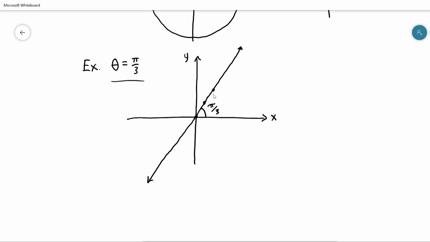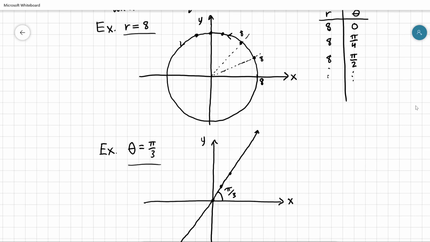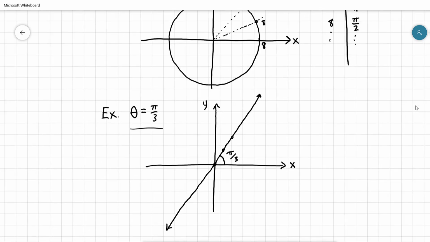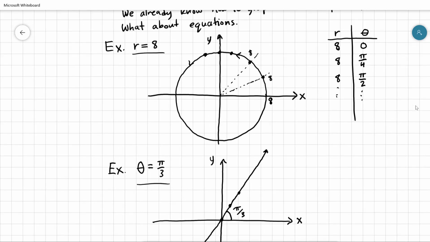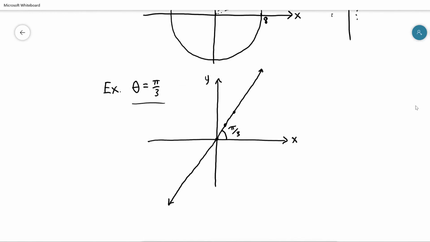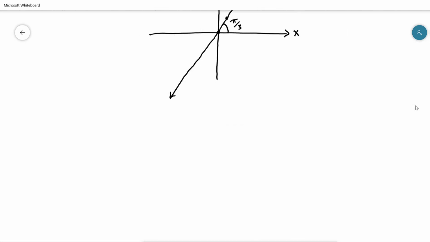That includes positive r values, which would put us up here in the first quadrant in this case, and negative r values, which would put us down in the third quadrant for this particular example. So that's what the two graphs look like. There's r equals a constant, there's theta equals a constant. One is a circle, one is a straight line. So let's look at some increasingly complicated examples.